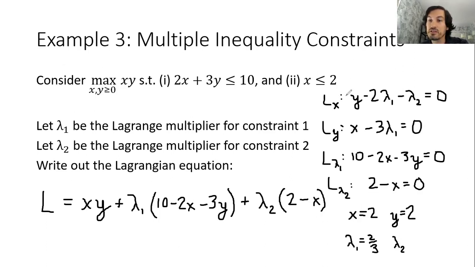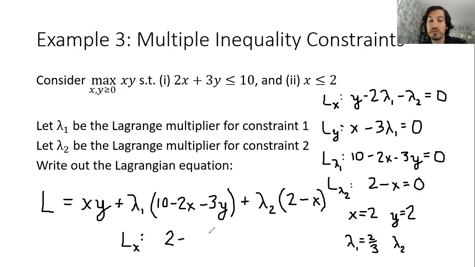Let's take the first order condition and plug in what we know. For y, we know it's 2. Here I am, I'm writing Lx again. Lx colon, meaning what follows is another way to describe the first order condition corresponding to Lx. From the first order condition, we plug in 2 equal to y minus 2 times lambda 1.